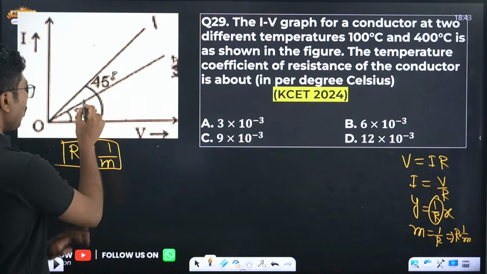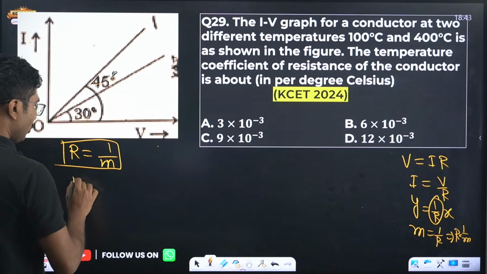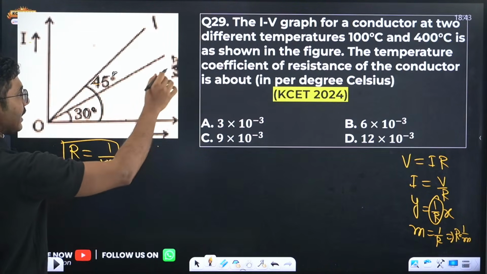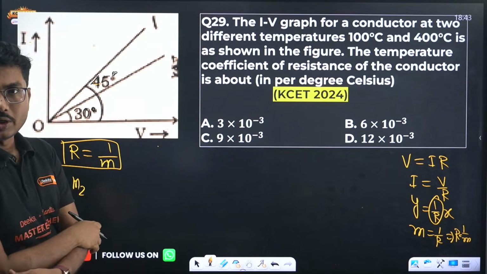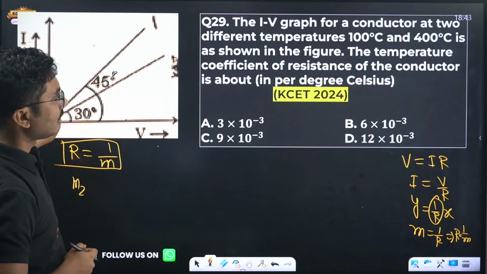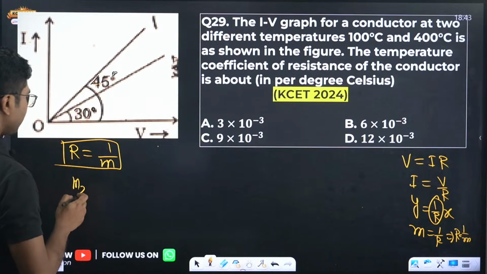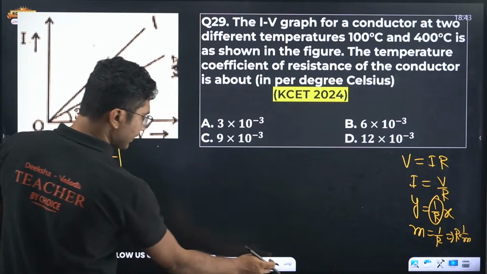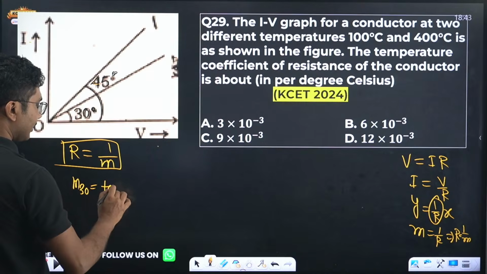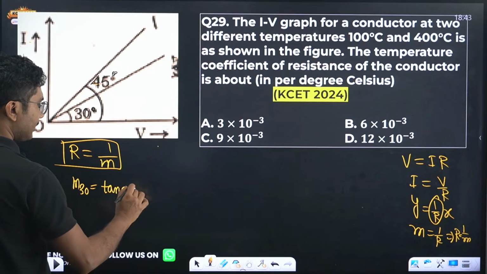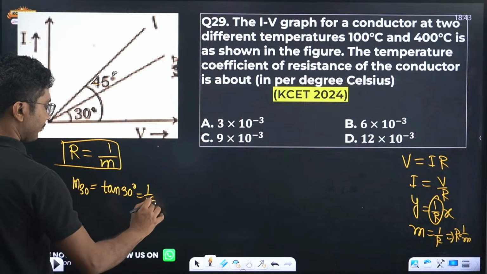So what is the slope for 30 degrees? Slope for 30 degrees is given by tan 30, which means 1 by root 3.